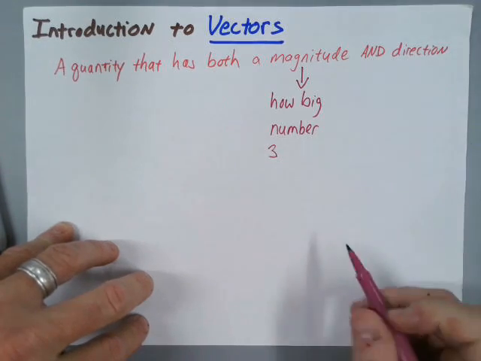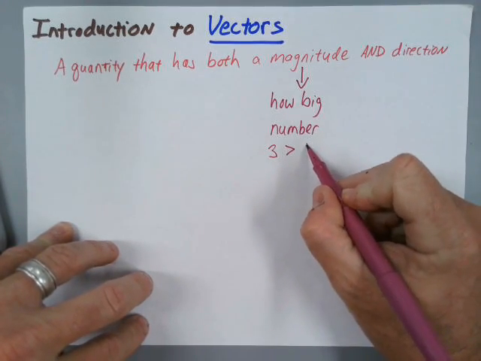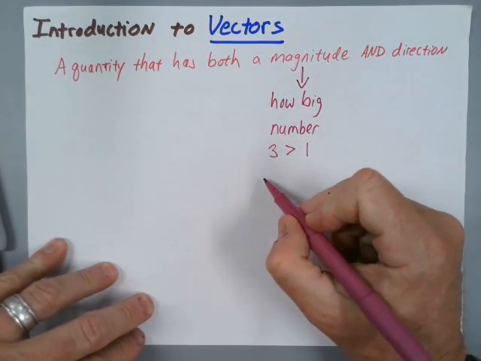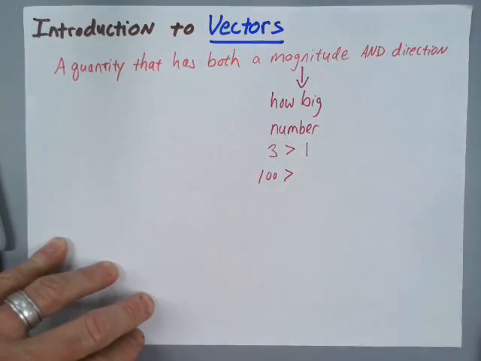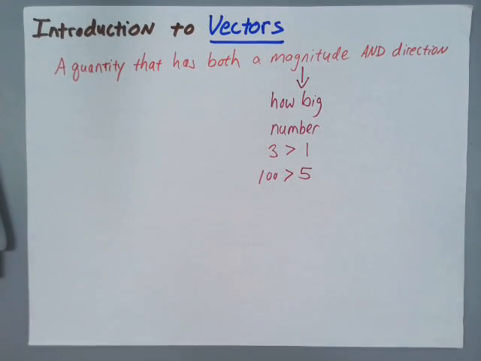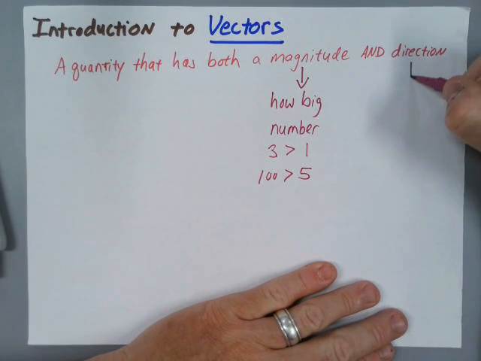The magnitude of 3 is greater than the magnitude of 1. So a vector is some quantity, and it has a number associated with this that tells us how big it is. For example, something like 100 is going to be greater than 5. It's simple numbers. That's the magnitude part of this.